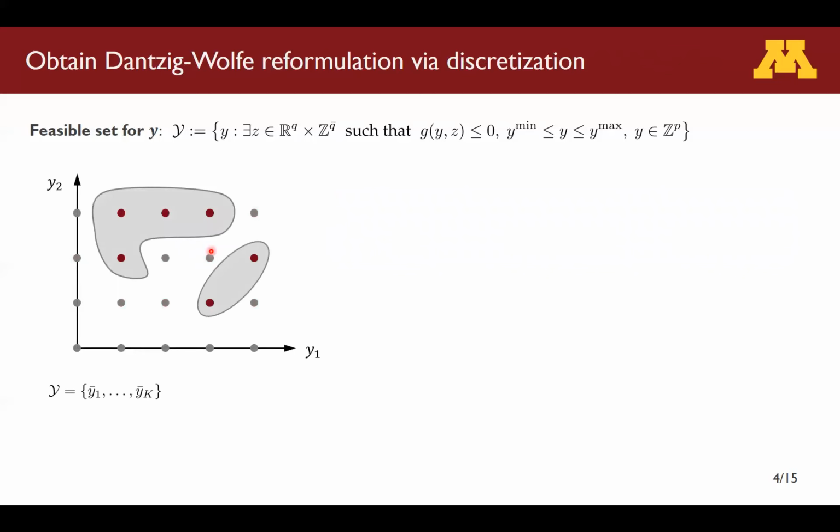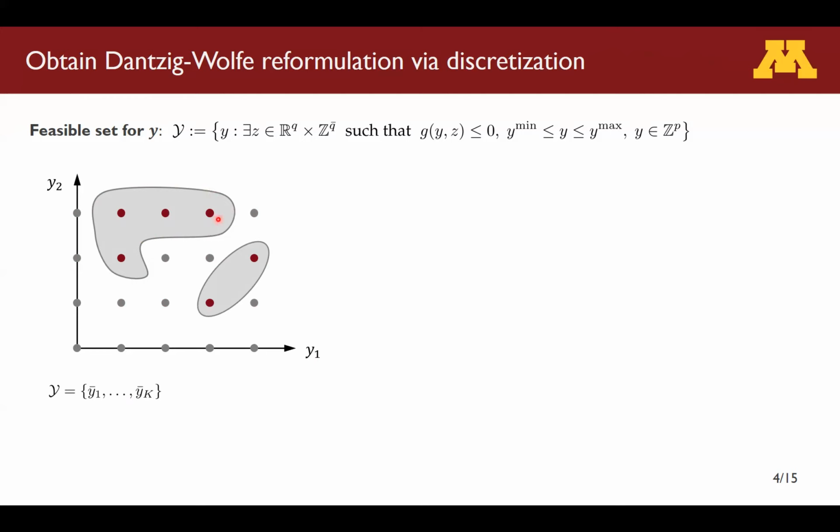In this illustrative 2-dimensional example here, we have y1 and y2. The points here denote integer solutions, and then the shaded area here is the feasible region without the integrality constraints. So you can see they can be nonlinear and non-convex because the subproblem constraints can be nonlinear and non-convex.